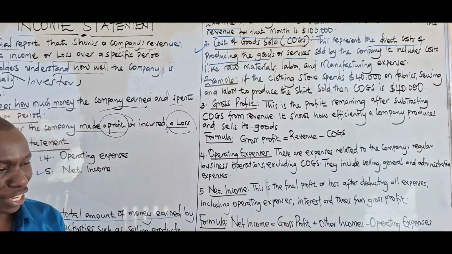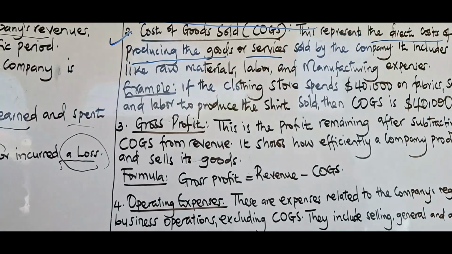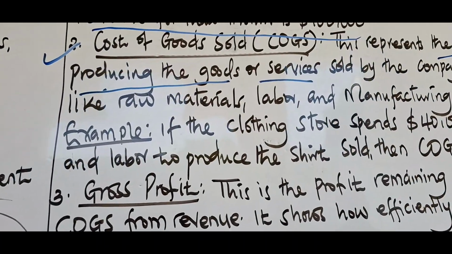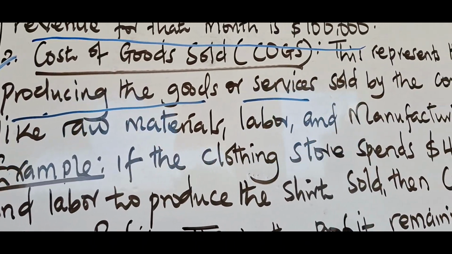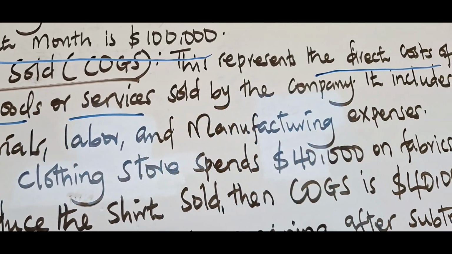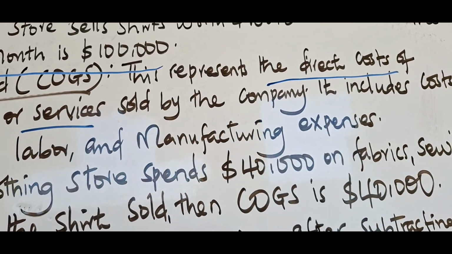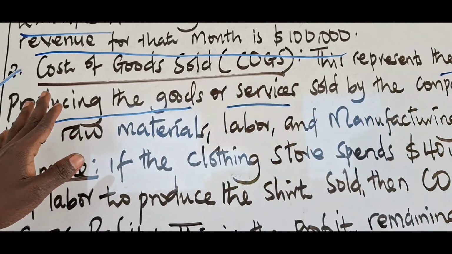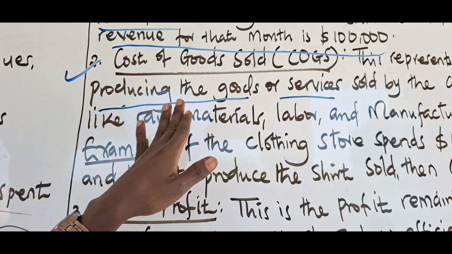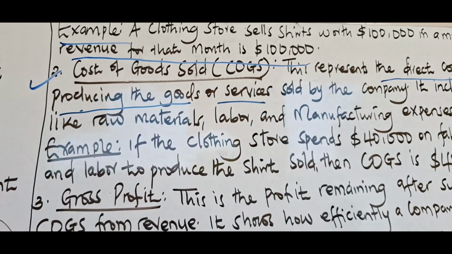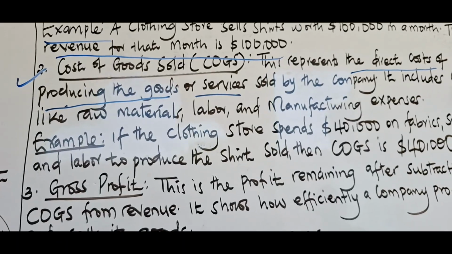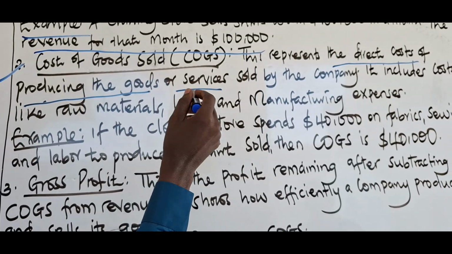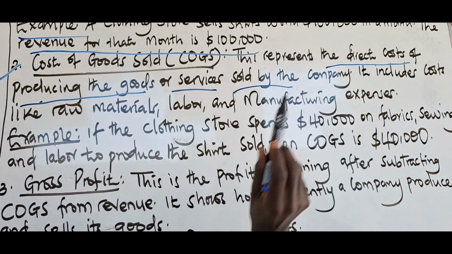Maybe you are dealing in wholesale, you go and buy from the producer, or you are in retail, you buy from wholesale. The cost you incur, the money you spend to buy goods so that you can also sell, that money you incur to buy goods is taken as the cost of producing or cost of selling the good or service. That's why we say producing the good or service sold by the company.